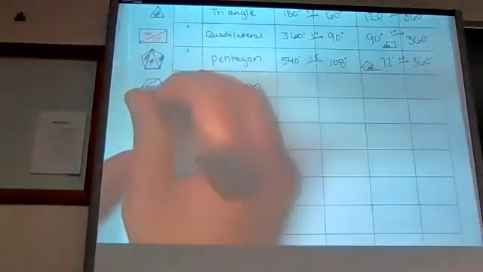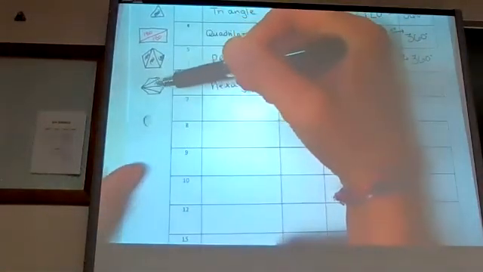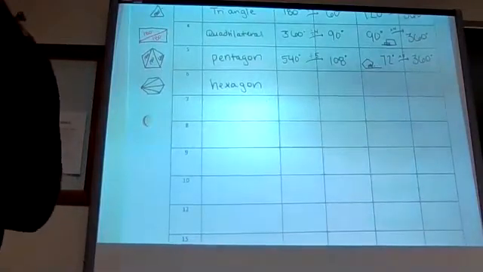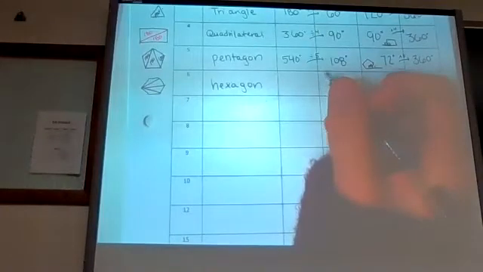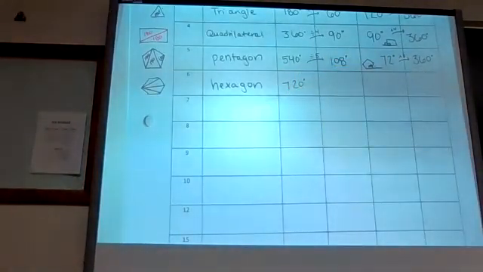Now a hexagon, you may guess, since I had 1 triangle, then 2 triangles, then 3 triangles, 4 triangles fit inside a hexagon. That means I would have 4 times 180, which is 720 degrees.